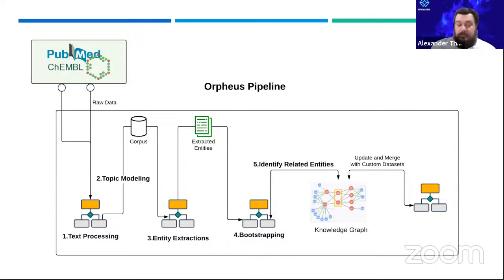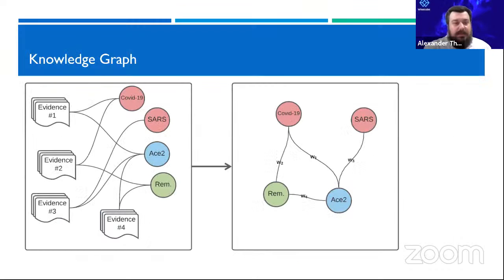So let's talk about what a knowledge graph is, because I've been throwing that term around a lot. This is an example of how we're doing it from articles, even though the evidence here could also be from a database. Let's say we have a set of documents that have COVID-19 and the ACE2 protein mentioned, and we have another set that mentions COVID-19 and remdesivir.